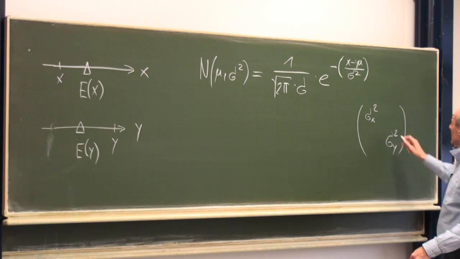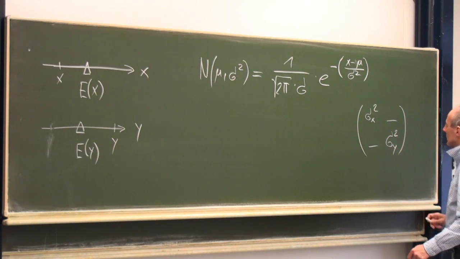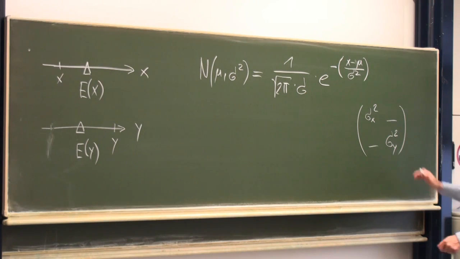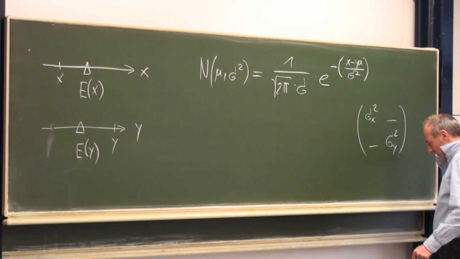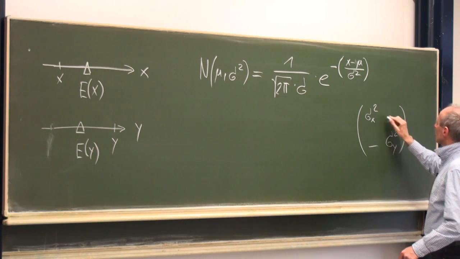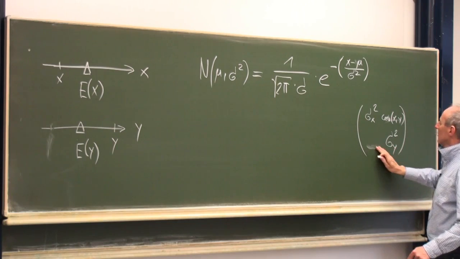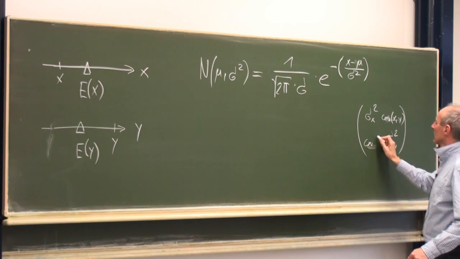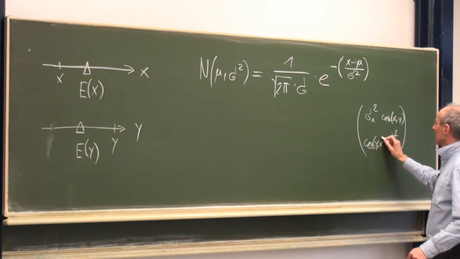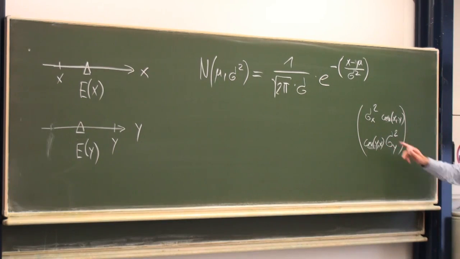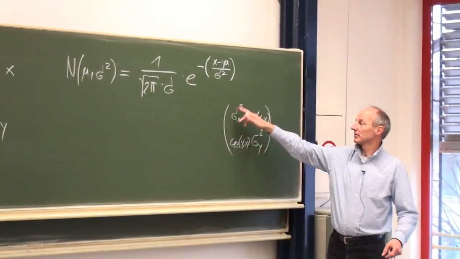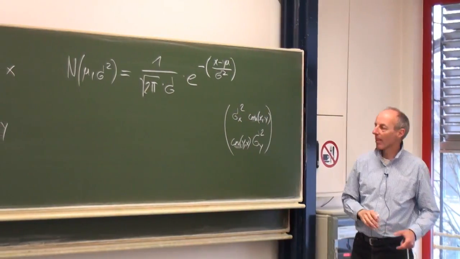And here we get the two values, the covariance. So here we get the covariance of x and y, and here we get the covariance of y and x. And since the covariance matrix is symmetric, this matrix is symmetric.